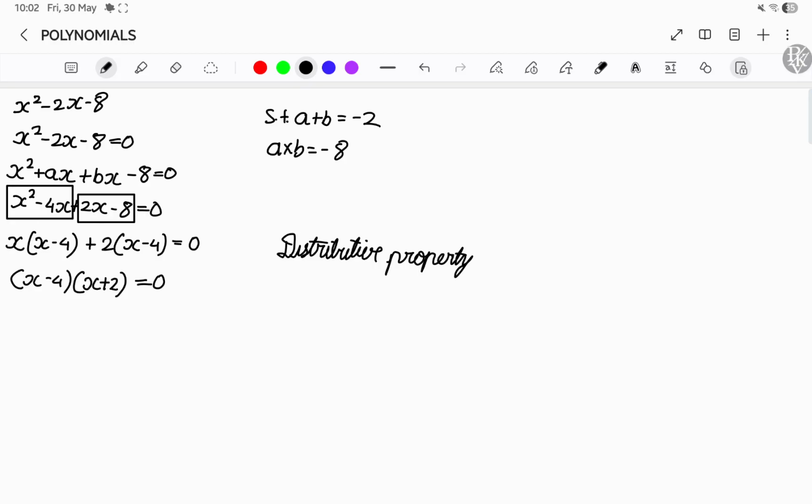Let's say you have two numbers and they multiply, you will get 0. So any one number should be equal to 0, right? If you have two numbers a and b and you multiply and get 0, either a should be equal to 0 or b should be equal to 0. If none are equal to 0, then that is wrong.